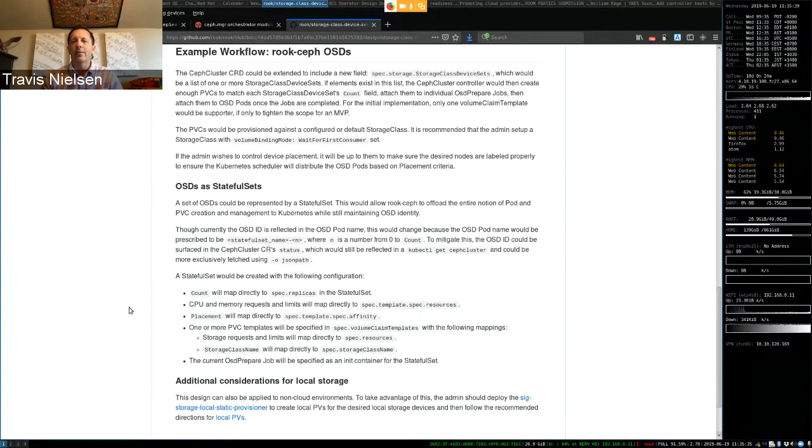So it makes the troubleshooting a lot easier. And with the stateful set approach, we would not know the name of the pod when we create the stateful set. Or we would not know the ID when we create the stateful set, that is. So we lose that association at that level.